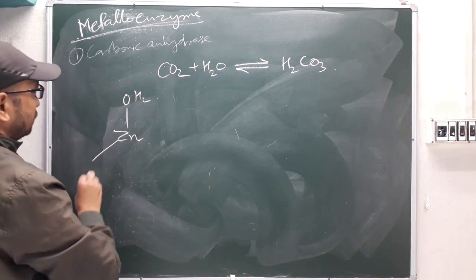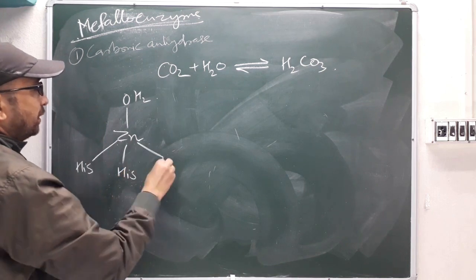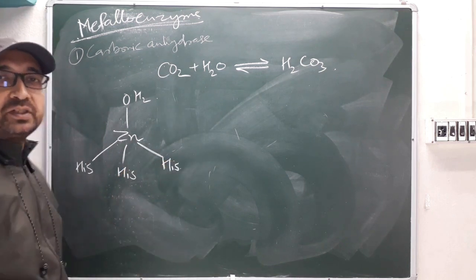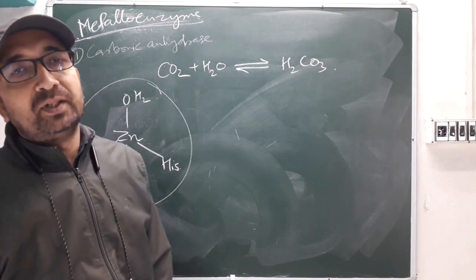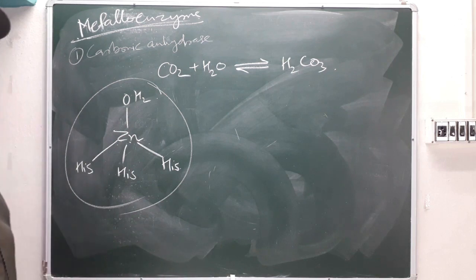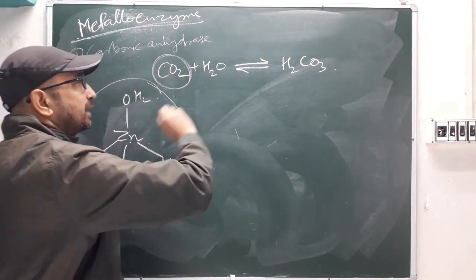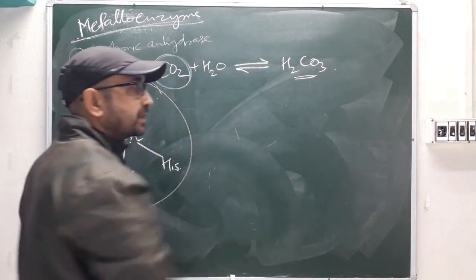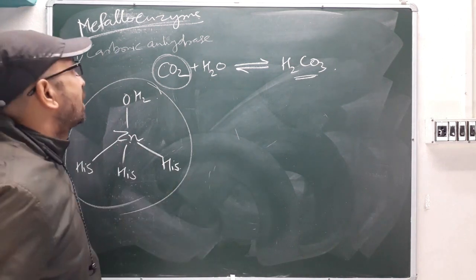Here it will be histidine, here also histidine, here also histidine. This is the enzyme active site, where the metal center is zinc, correct? The function is that the carbon dioxide is converted to carbonic acid.